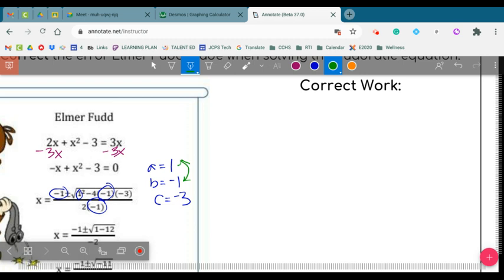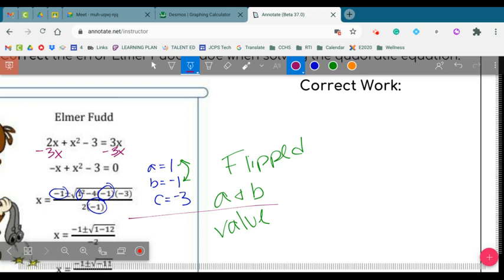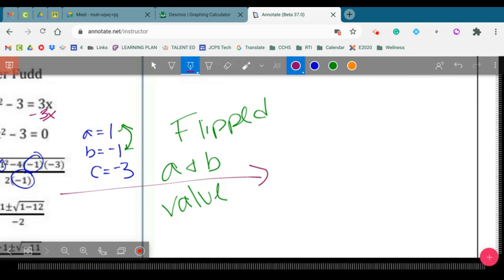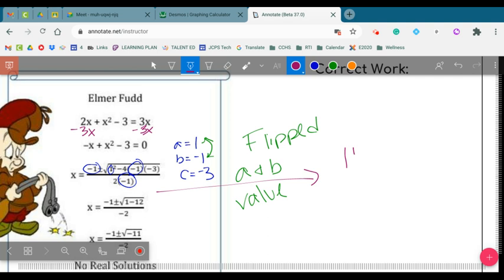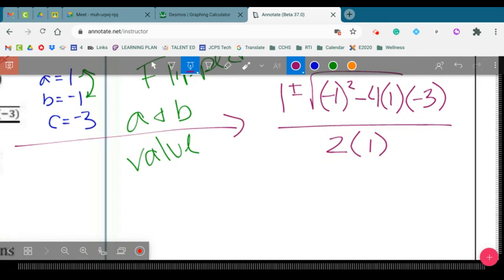So it looks like what he did is he flipped his a and his b value. So if I wanted to correct his error, I should have a positive 1 plus or minus square root of negative 1 squared minus 4 times my a times my c, divided by 2 times my a.